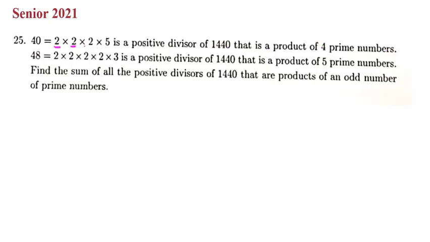Why 4 primes? 1, 2, 3, 4. Okay. 48 is a positive divisor of 1440 that is a product of 5 prime numbers. 1, 2, 3, 4, 5. Yes. Find the sum of all the positive divisors of 1440 that are a product of an odd number of prime numbers.